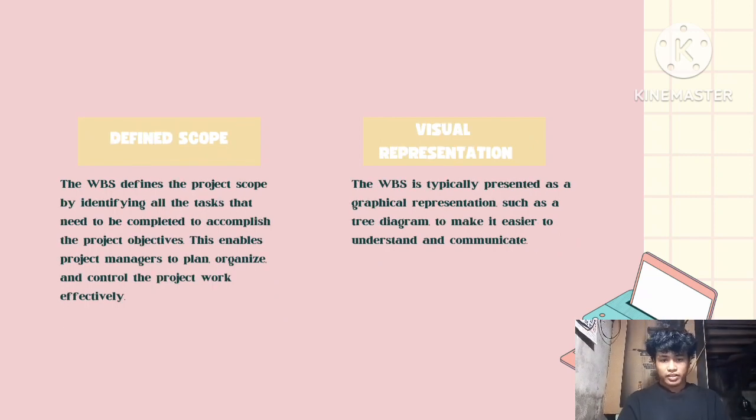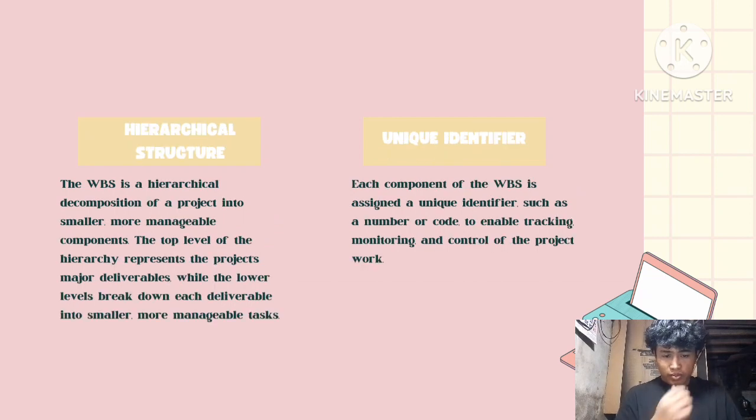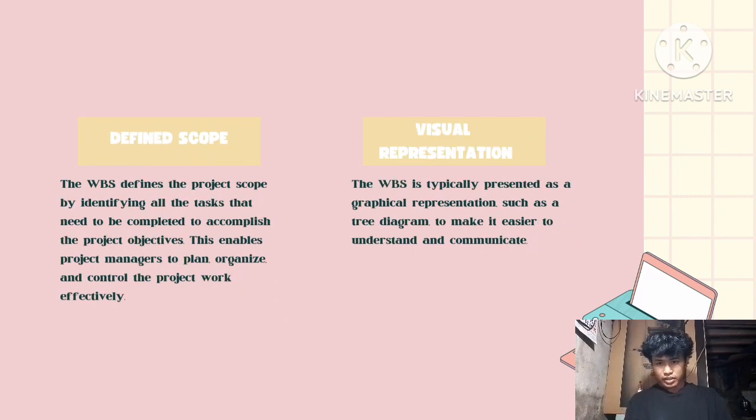Second is unique identifier. Each component of the WBS is assigned a unique identifier, such as a number or code, to enable tracking, monitoring, and control of the project work. And third is defined scope. A WBS defines the project scope by identifying all the tasks that need to be completed to accomplish the project objectives.